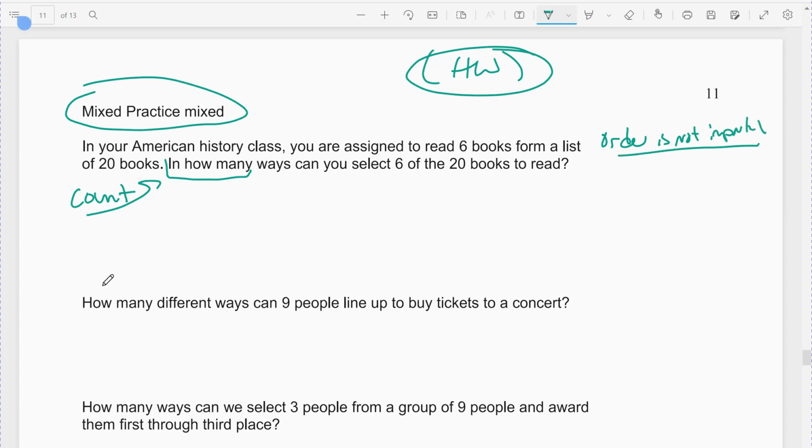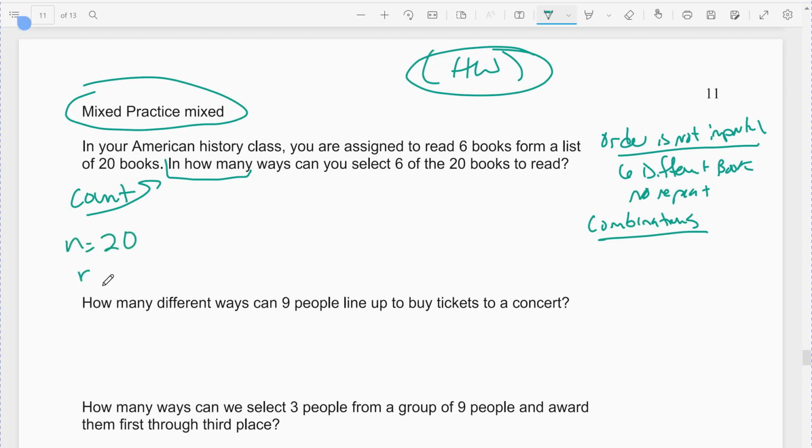Order is not important. You're going to read 6 different books, so there is no repeating, right? You can't repeat the same book, otherwise it's not 6 different books. And so this is a combinations example. You had 20 books to choose from.